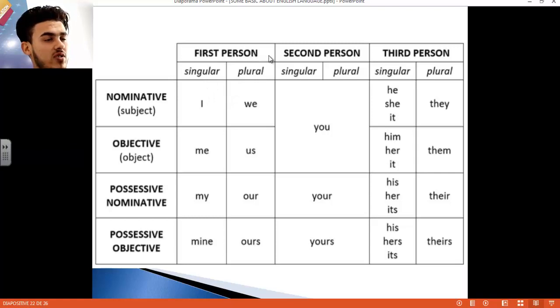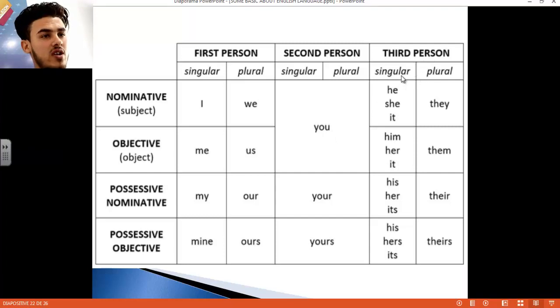We have here first person, second person, third person. In the nominative form, or the subject, we can use I, we as personal pronouns. In the second person, we use the singular and plural form by using the personal pronoun you.